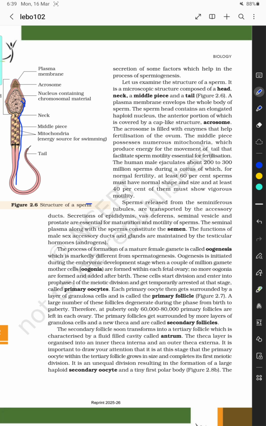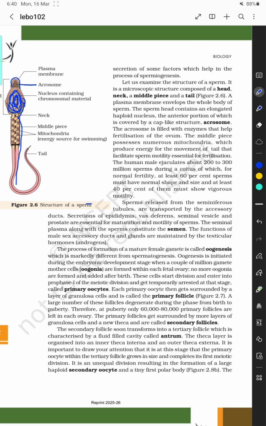This is the head. You can see a very big nucleus is present in the head, and it has no or very little cytoplasm. At the anterior end of the head, there is a cap-like structure known as the acrosome, and this acrosome helps in penetration of the sperm into the ovum.